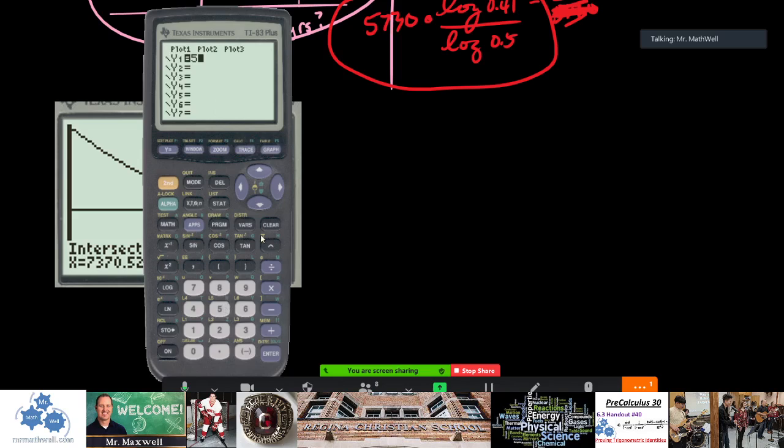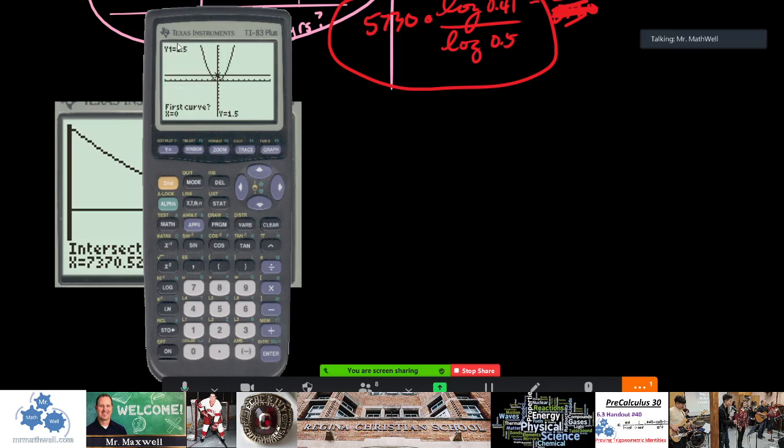So let's say I have y equals x squared and y equals 1.5. If I graph those two, here's my graphs. If I want to find the intersection point, and let's say I want to find this right one, it's second function calculate, number 5, intersect.